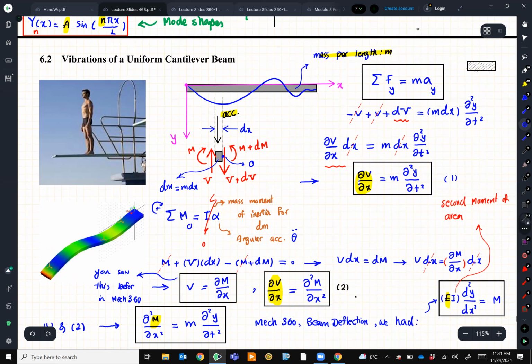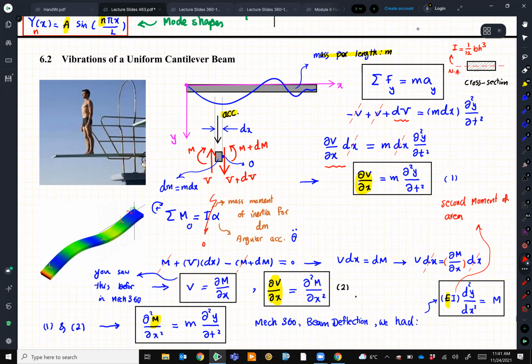So that's my beam cross section. And we know for a beam with a cross section, when it is bent about its neutral axis, it has an I about that neutral axis. For example, for this shape, it is 1/12 bh cubed. If it is round, it has a different I and so on.